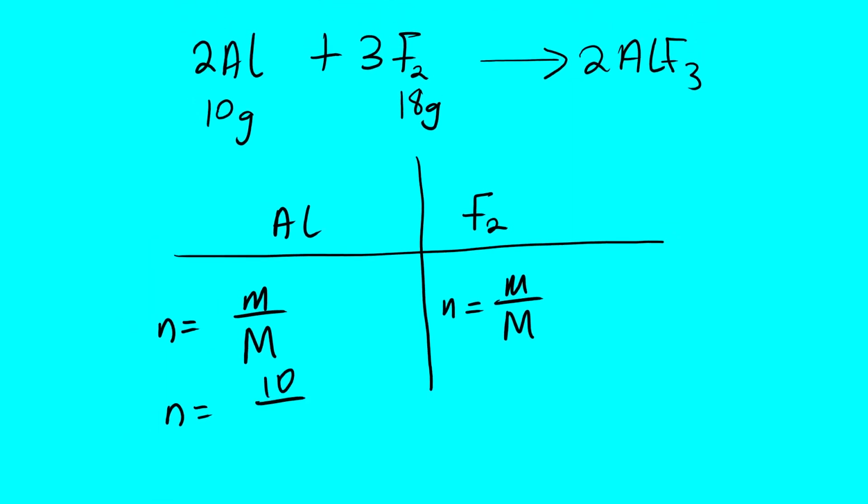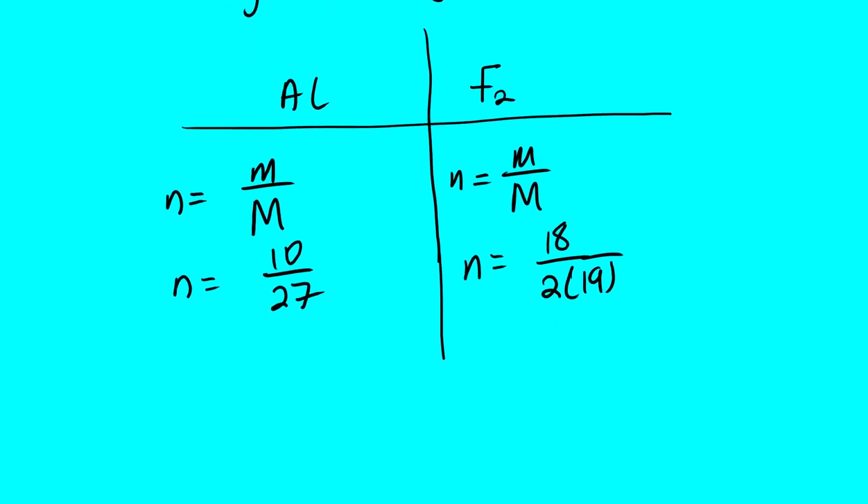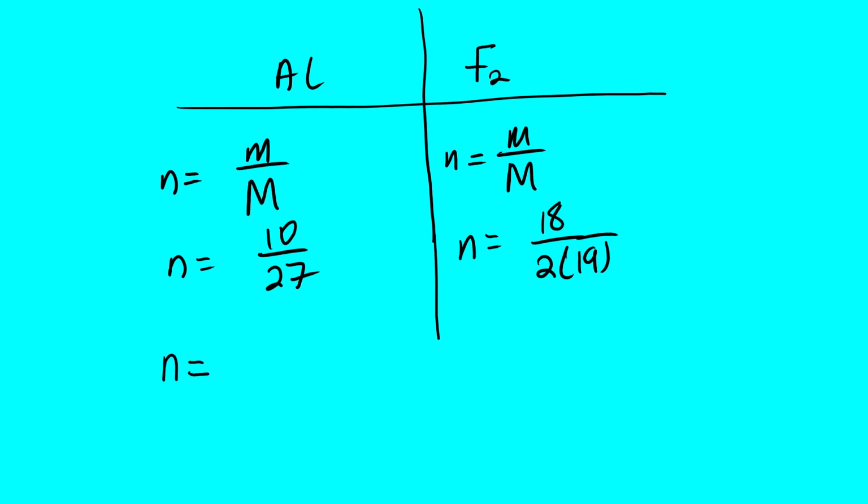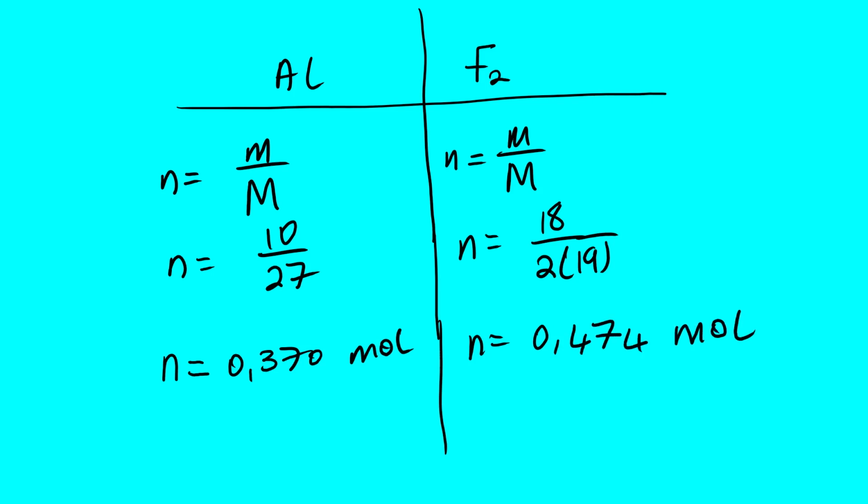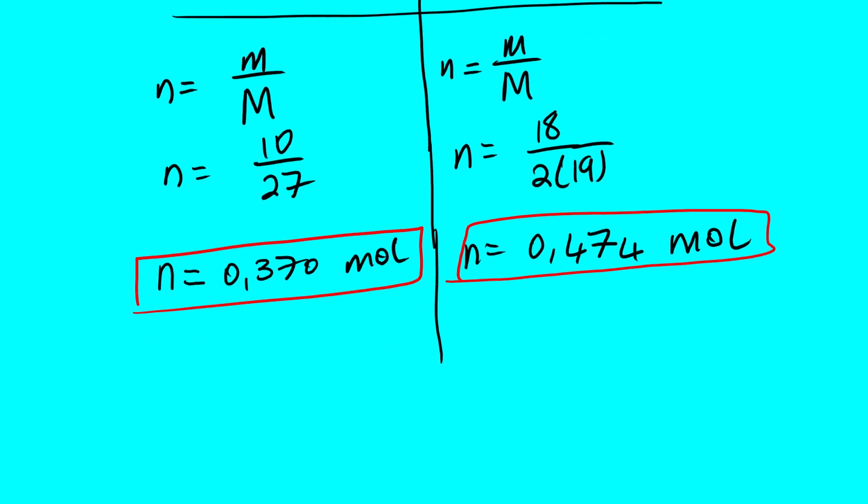We have 10 grams divided by aluminium, which is 27. We only have one atom. We have 18 divided by 2 multiplied by 19. That gives 0.370 mole. Then for the second one we have 0.474 mole. So these are the first number of moles we need to calculate. Continue.